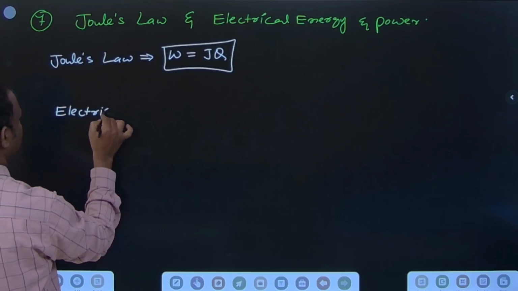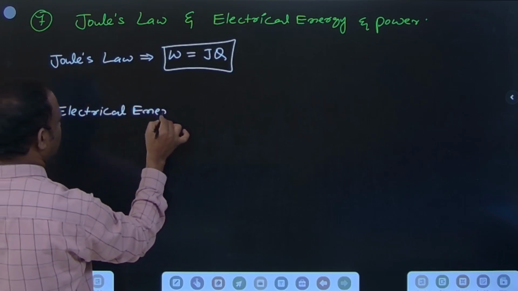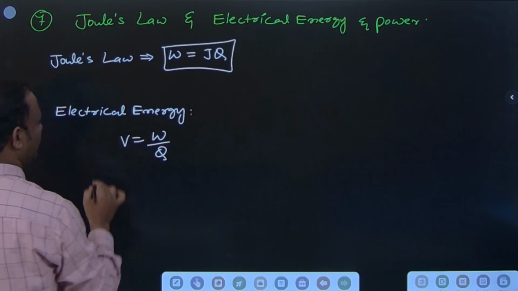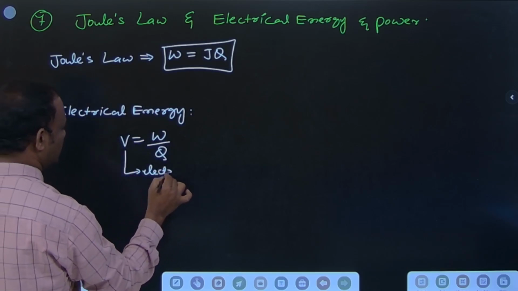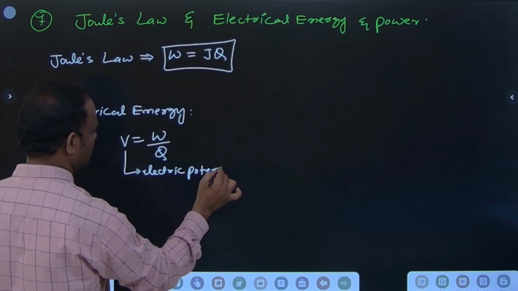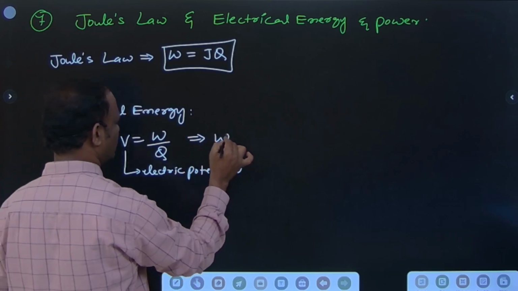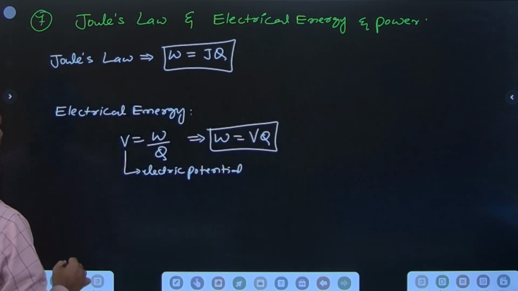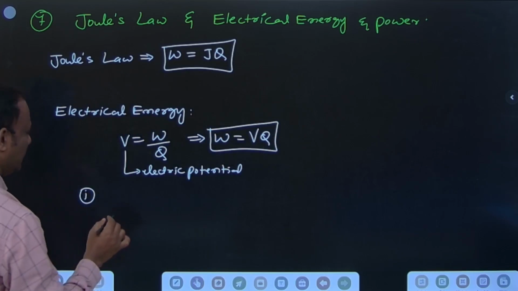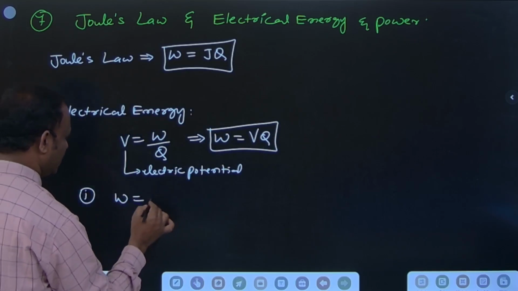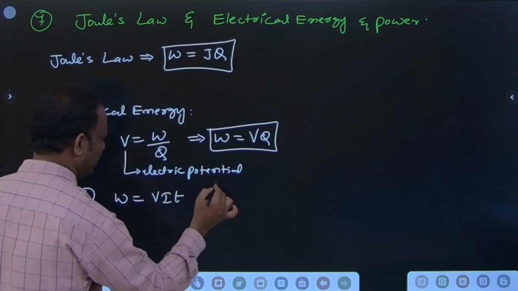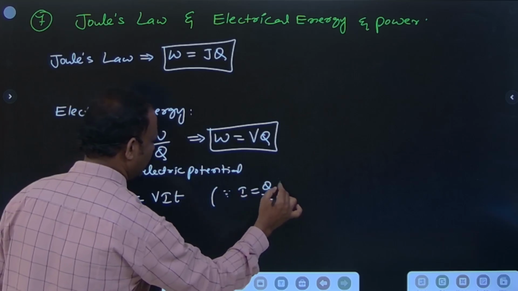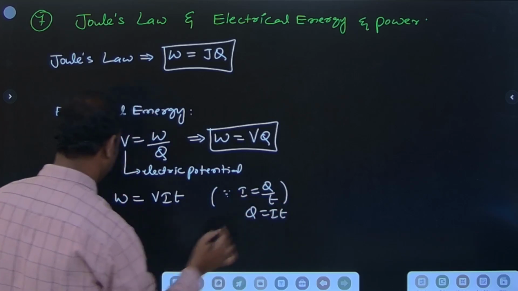Electrical energy: from V equals W by Q, where V is the electric potential, so W is equal to V into Q. For the first one, W is equal to V into Q, which means VIT, because I is equal to Q by T, so Q is equal to IT.